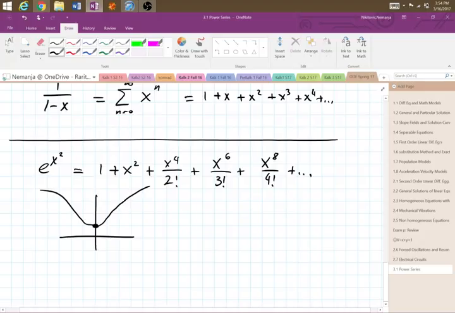Now grow fast. Go. So we are able to understand our functions much better, their properties much better, by turning them into power series and then analyzing the power series.